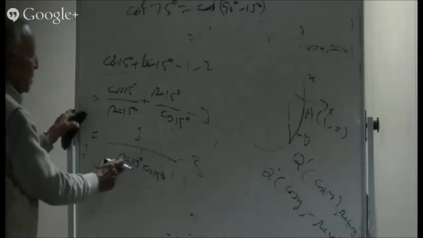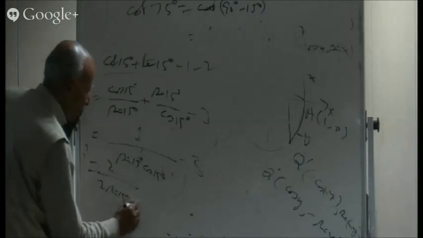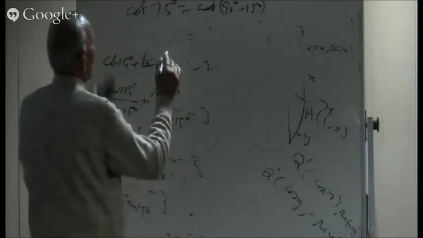And here is sine 15 cos 15. Either we should write their values, or better to write it as 2 over 2 sine 15 cos 15, minus 3. Is it a formula? 2 sine A cos A is sine 2A. So this becomes simple.